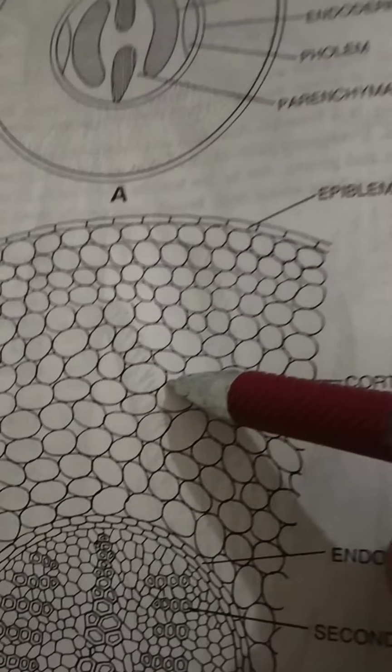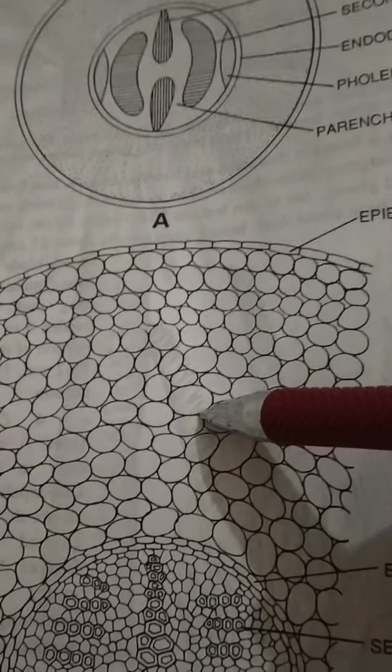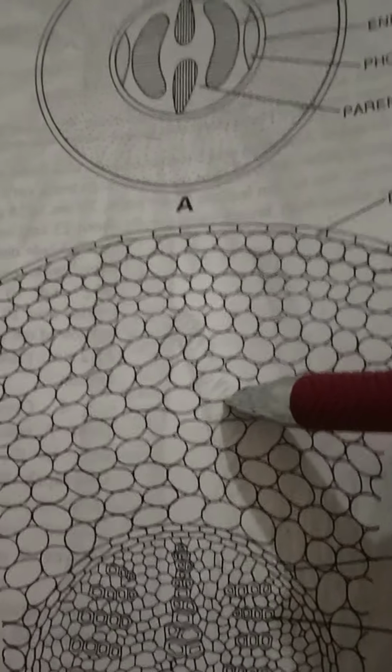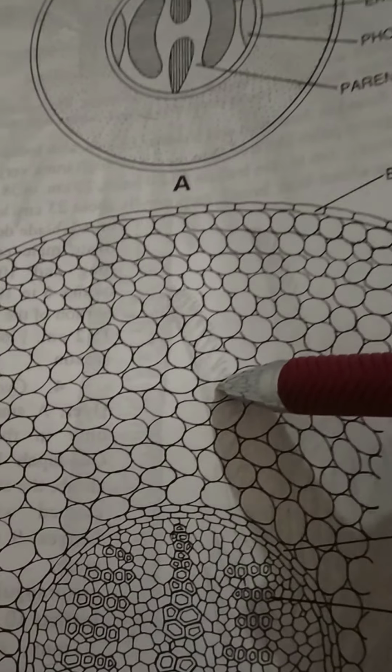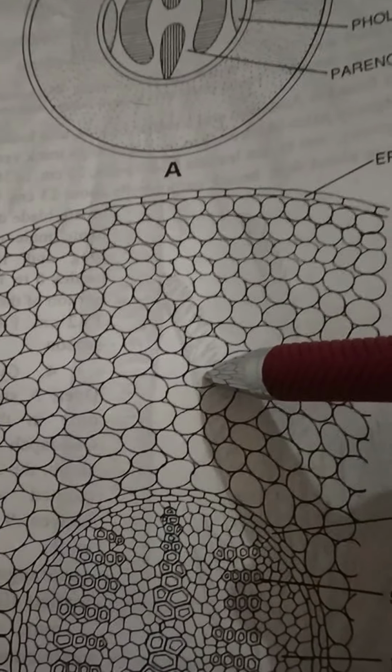Now to begin with, the epiblema, as I have just told, is a single layer covering the outermost layer of the Young root. Next to this is the cortex region, which is made up of parenchyma cells with large intercellular spaces.